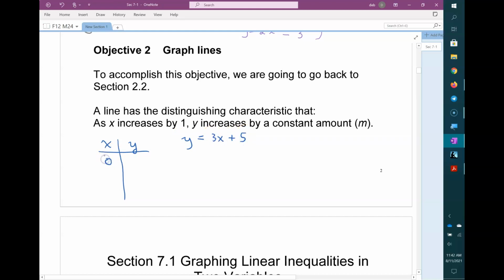When x is 0, y would be 5. And then see that when x is 1, y is 8. When x is 2, y is 11. So see that we're adding 3, the slope, each time x increases by 1. So that's really the meaning of the slope, is how much does y increase as x increases by 1.